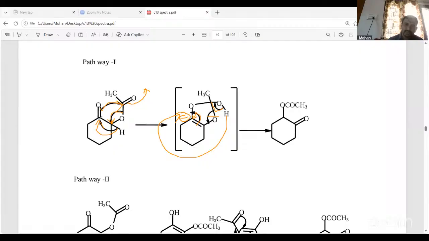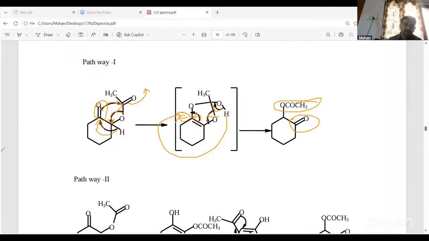the C1 carbon is keto. Now here you see the C2 carbon is becoming keto. By shifting of the bond towards this one, it is becoming a C double bond here, and this is going to form the C single bond only. And the ester is shifting onto the C1 carbon.